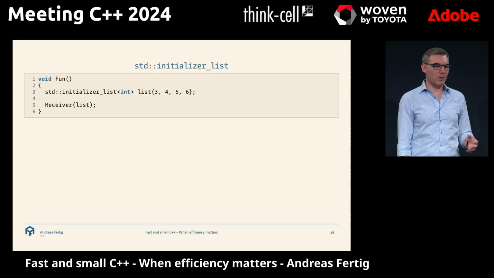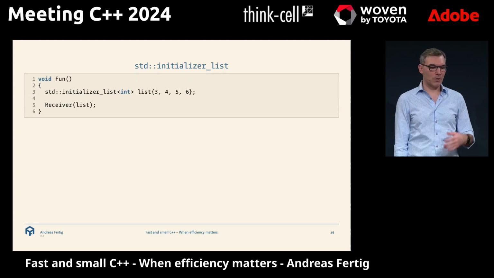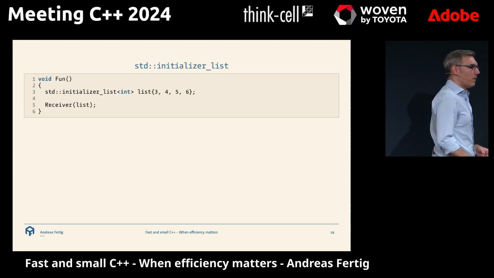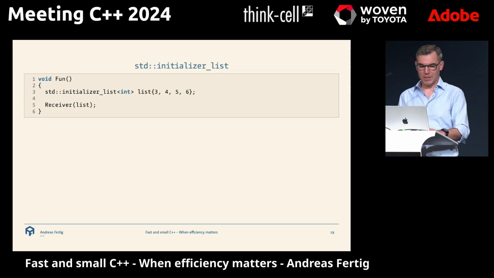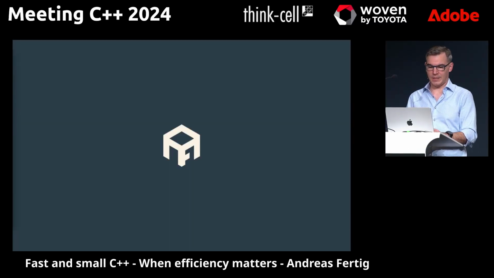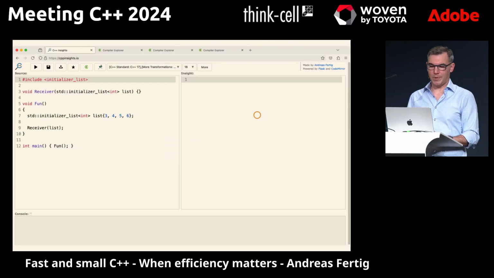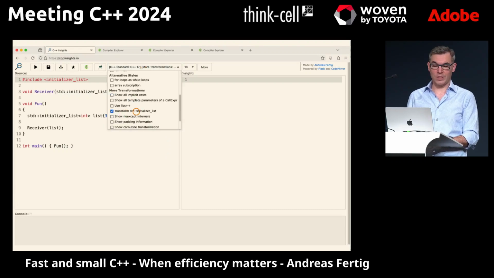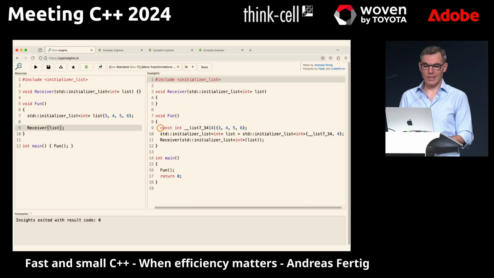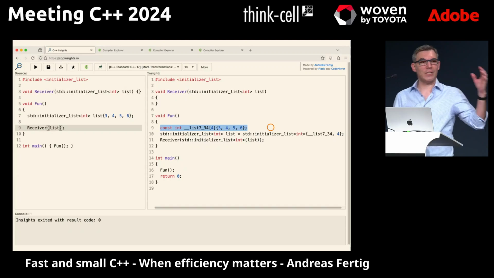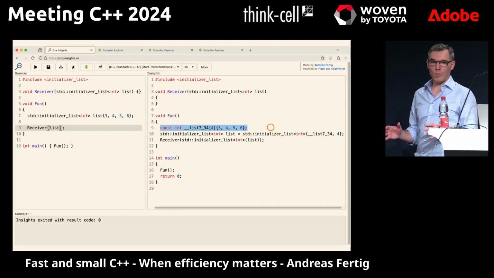Let's say I have a std initializer list of type int, call that one list, fill it with a couple of numbers, and pass it to a function receive. If you never looked into a std initializer list, C++ Insights here, once again, can help you understand what's happening behind. If you turn on the optimization transform std initializer list and do the actual transformation, you can see behind the std initializer list is an array, which is const.